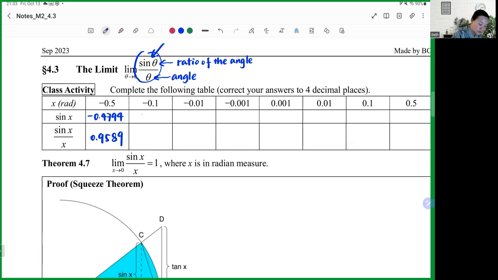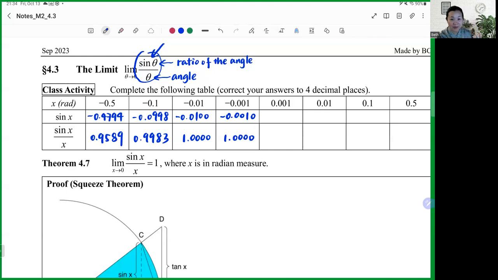Next, when I input sine of negative 0.1 radian, I get negative 0.0998, and the ratio is 0.9983. Next, I get negative 0.0100, and divided by that, I get 1.0000. The next one is even more ridiculous: negative 0.0010, and I get 1.0000.